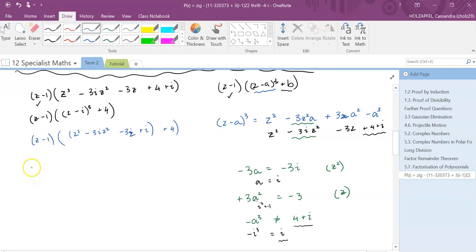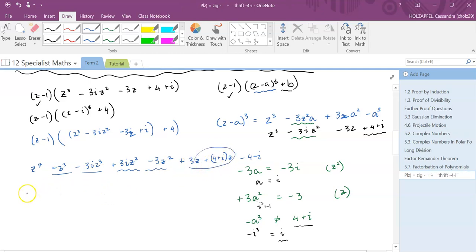So this is going to be z to the power of 4 minus z to the power of 3 minus 3iz cubed plus 3iz squared. I'll finish this off. Okay, I've just gone ahead and finished expanding that. So now we can collect our like terms by adding up those coefficients. The coefficient of the first one is obviously just going to stay the same.